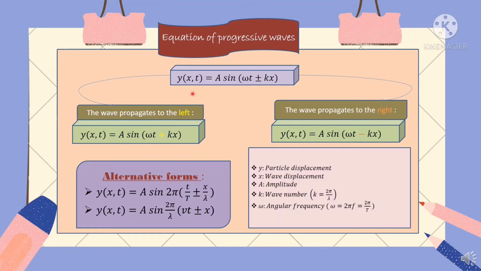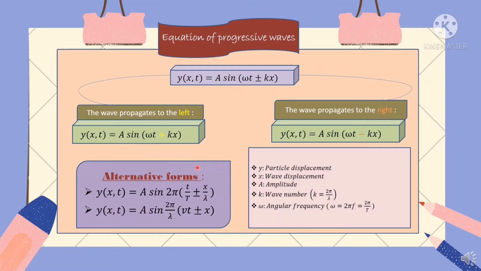So there are two types of equation of progressive waves. If the wave propagates to the left, we put a positive sign here. Meanwhile, if the wave propagates to the right, we put a negative sign here.